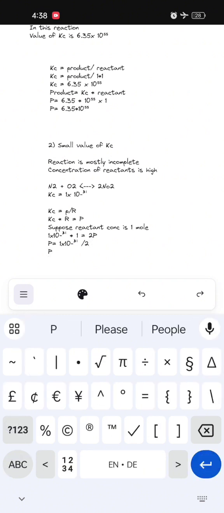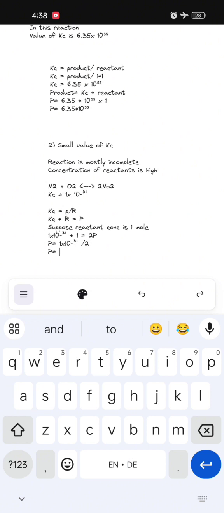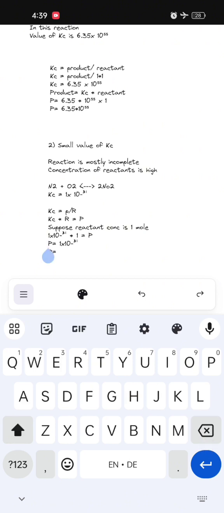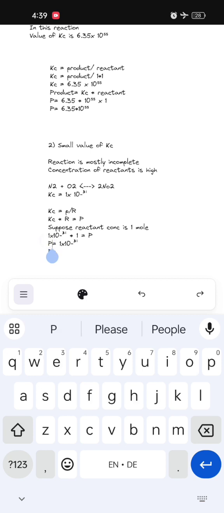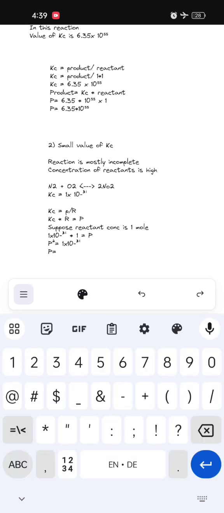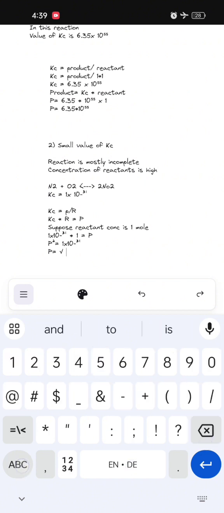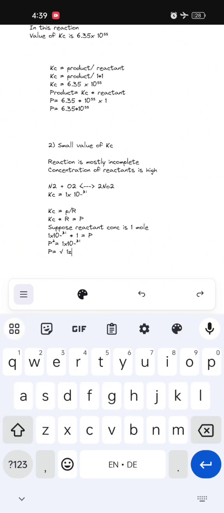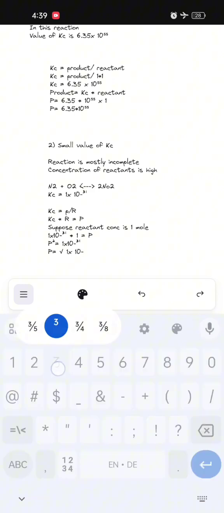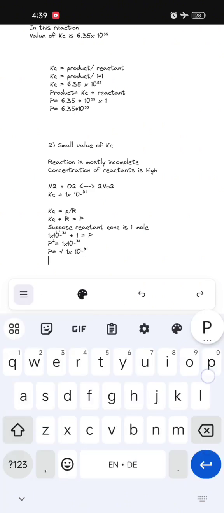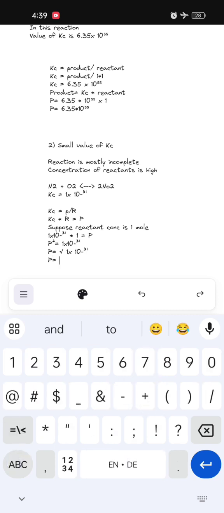Actually the 2 will not come like that, where we have a coefficient of 2 in the product. In the formula, if we have a coefficient of 2, we write it as a power, so here we have P squared. So here we get the radical of 1 into 10^-31.